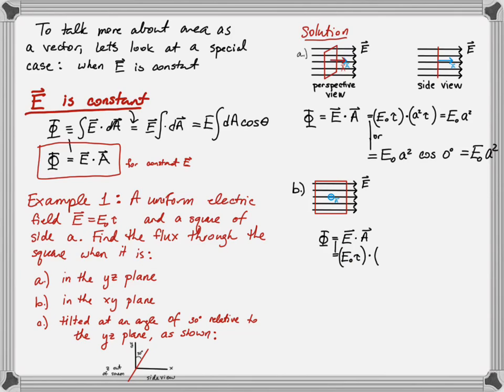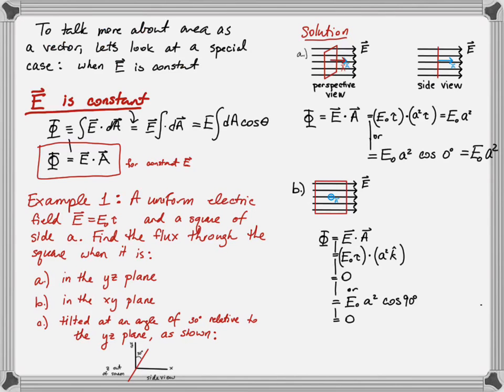And when I write it in terms of components, E0 I hat dotted with A squared K hat, again, K hat for out of the page, and I hat dot K hat is always 0. They are 90 degrees with respect to each other. So if you do it by the component method, you get 0. The cosine of 90 gives you 0, and you can see that.